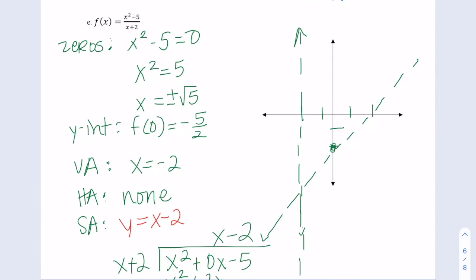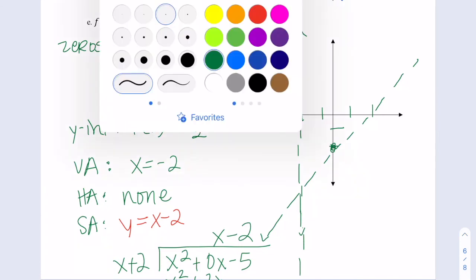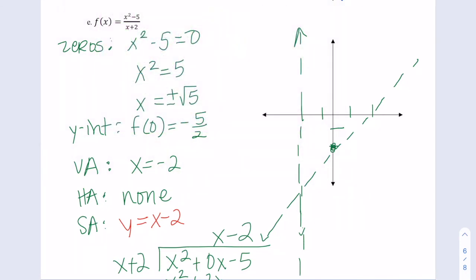Looking at this, we definitely can see right away that there's going to be 2 x-intercepts. And root 5 is a little bit more than 2. So there's going to be 1 here and then 1 here. So we can test some points, but we also have the y-intercept at negative 2.5.